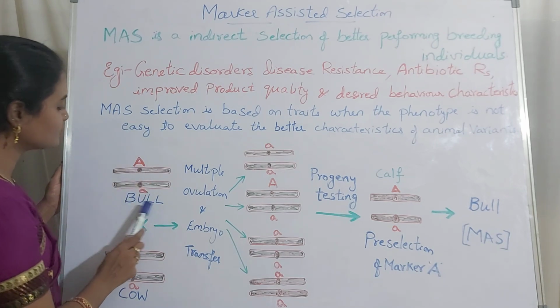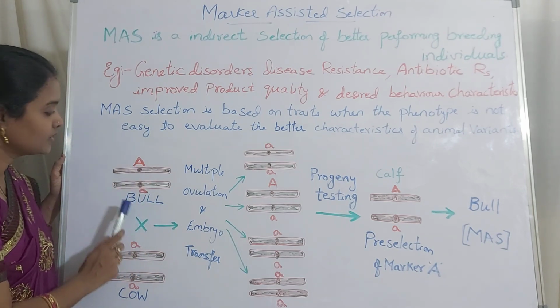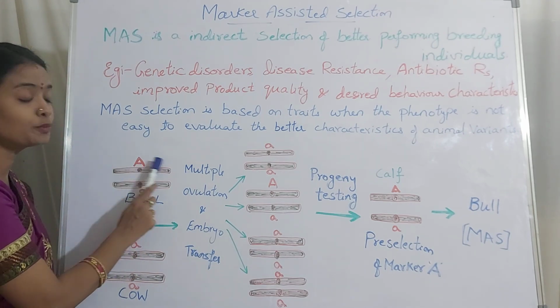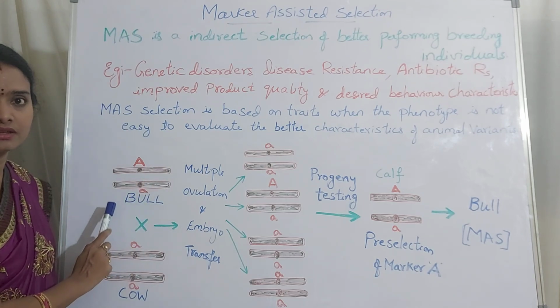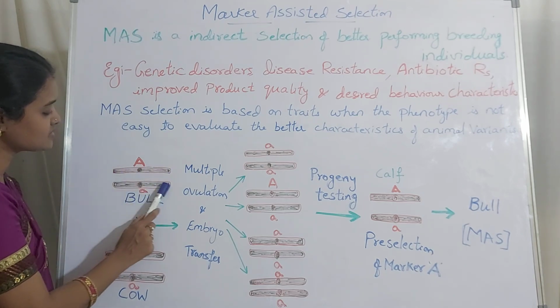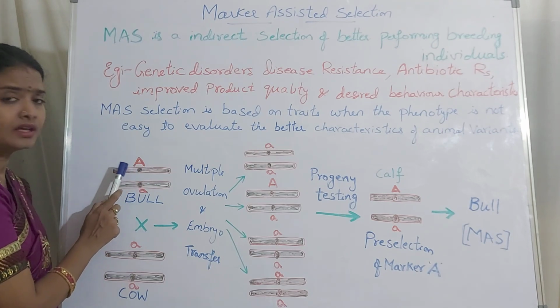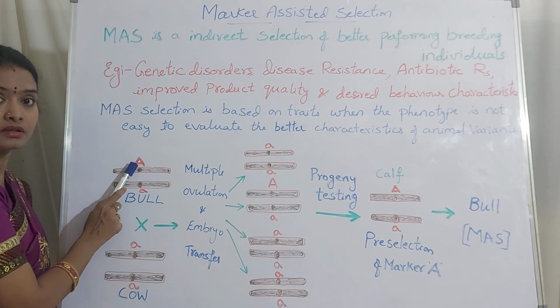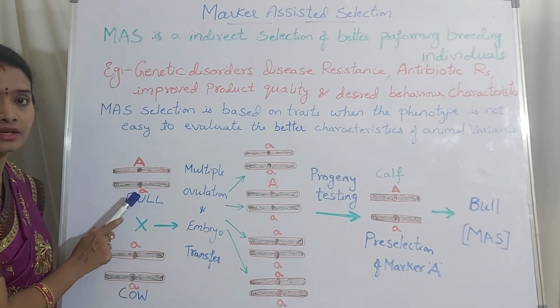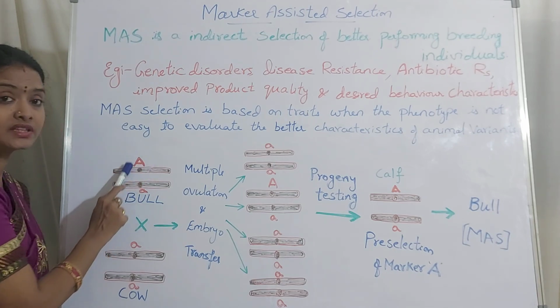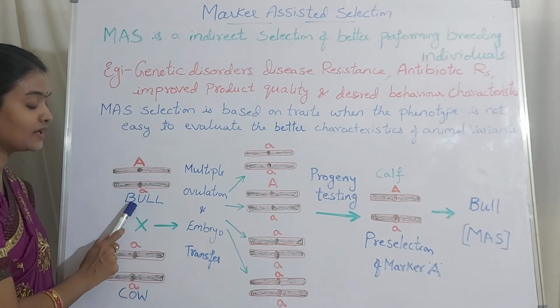Here I have taken a mature bull. This bull has superior qualities in its genes. Here you can see it has a dominant A and a recessive a. This is responsible for the superior quality of that bull.